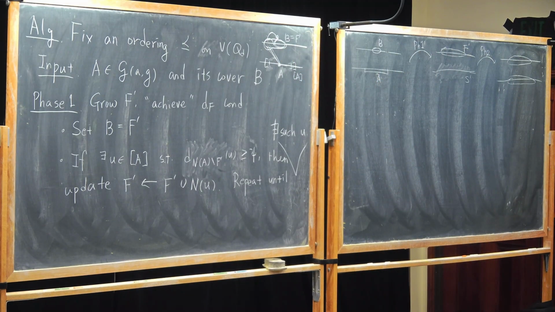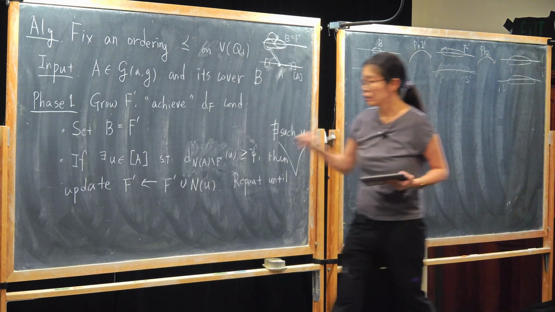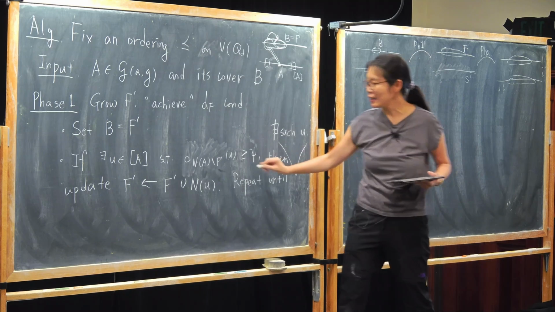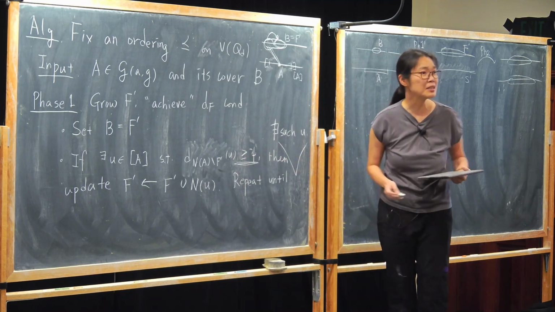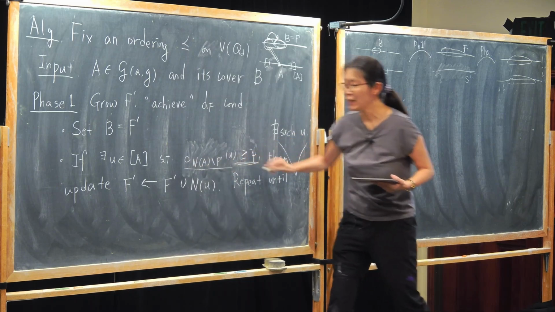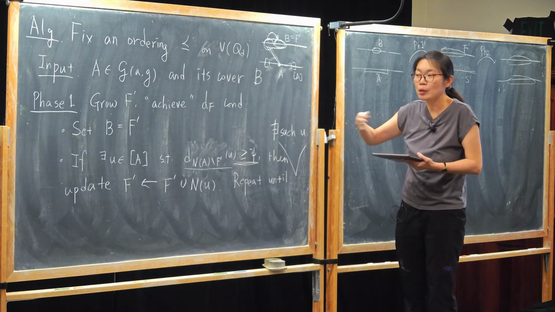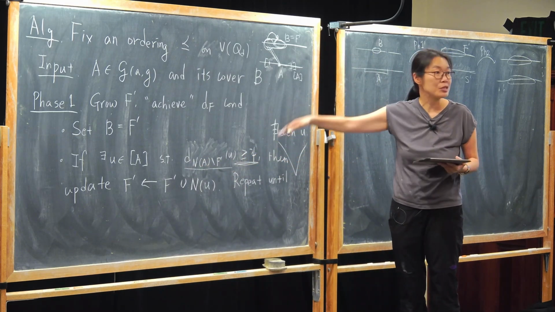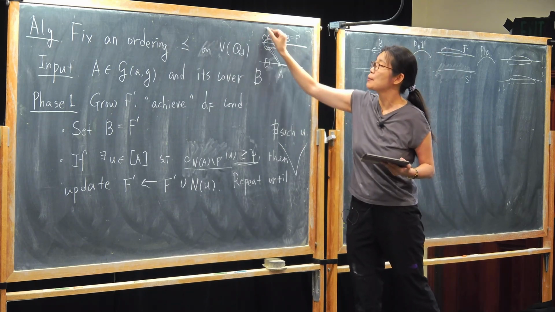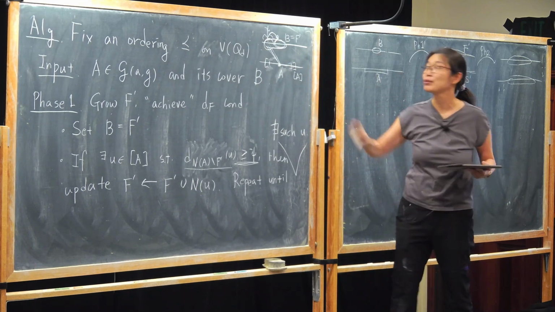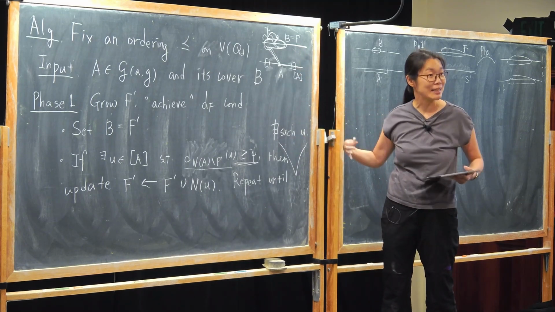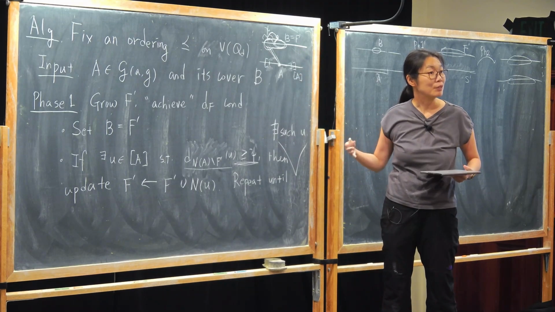Okay? And so if you're familiar with this kind of algorithm, then probably you see why we need this lower bound. This is because by having this lower bound on the neighborhood, we can give an upper bound on the number of iterations that happen in the first phase. Because every time we add psi many vertices to F, this iteration cannot exceed some number of iterations.